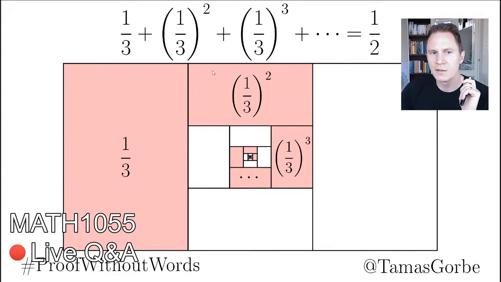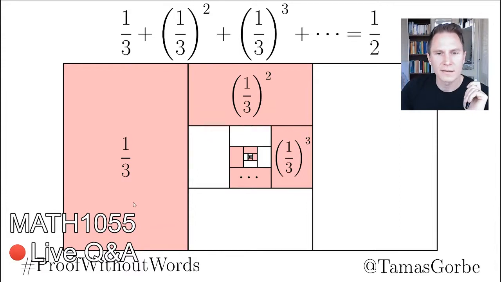Then we take the middle third and divide that up into thirds. So that second largest pink rectangle is a third of the third of the area, so that's 1/9. And then we keep doing this, always dividing the middle third of what we have considered before into thirds, and considering one of these thirds.